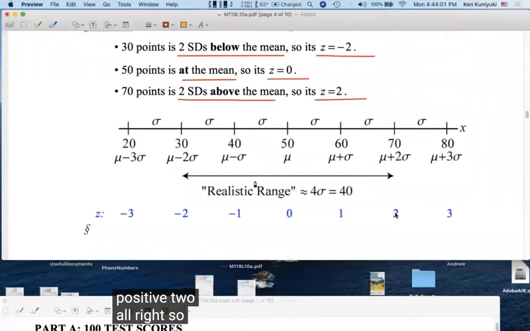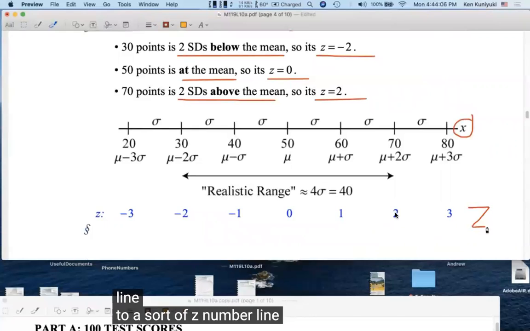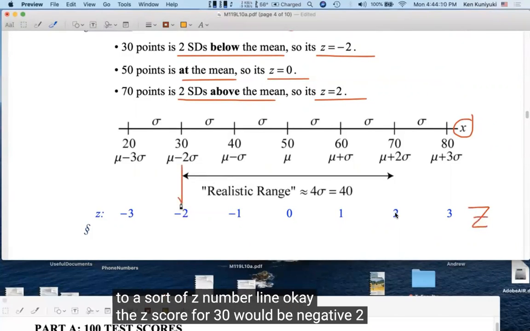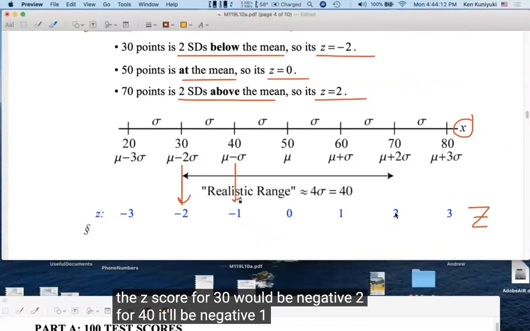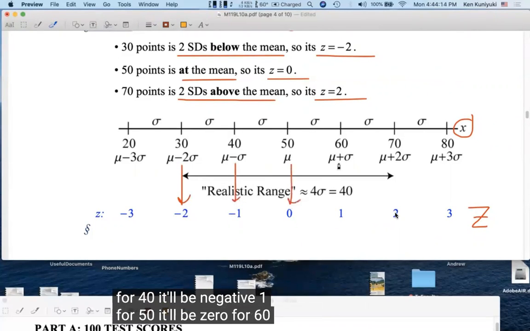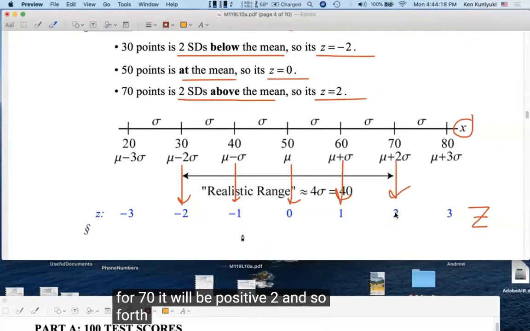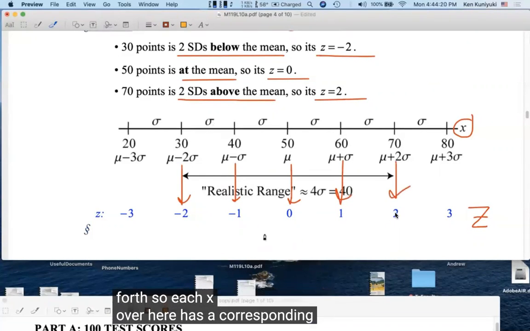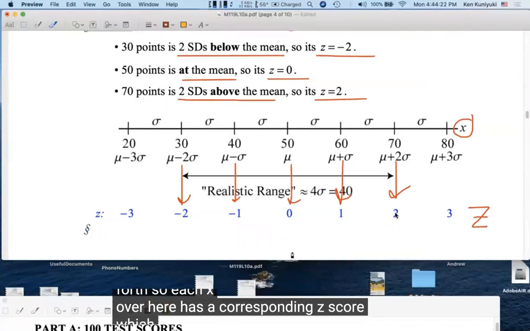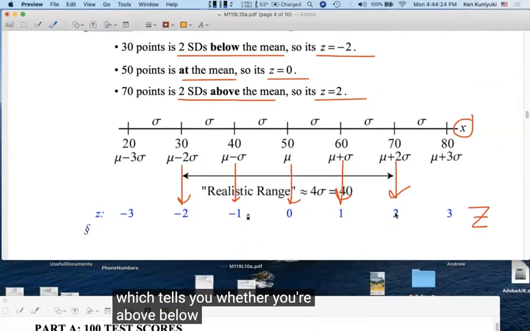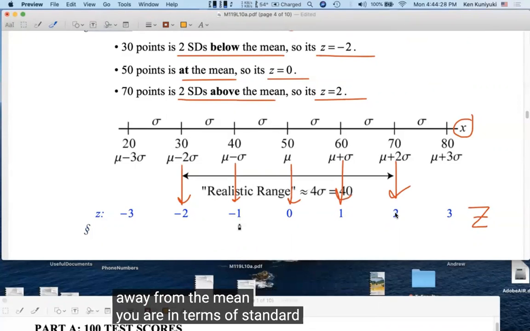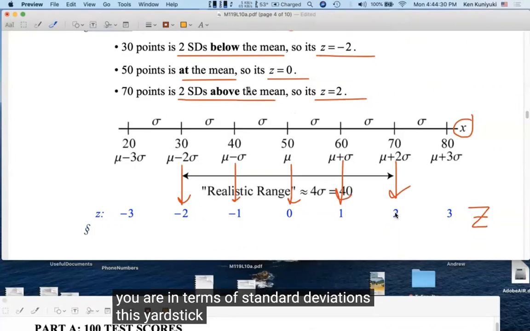All right. So going from the x number line to a sort of z number line, the z-score for 30 would be -2, for 40 it would be -1, for 50 it would be 0, for 60 it would be +1, for 70 it would be +2, and so forth. So each x score has a corresponding z-score, which tells you whether you're above, below, or at the mean, and how far away from the mean you are in terms of standard deviations, this yardstick.